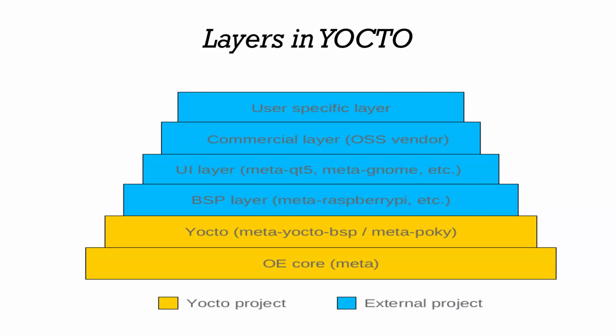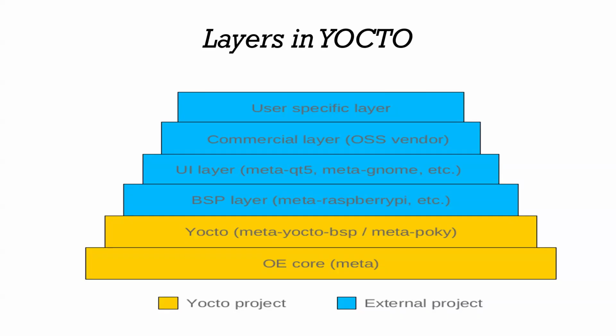Then we add the Yocto BSP layer, which by default is MetaPoky, which is a community edition. But when we do some production, we write our own, keeping MetaPoky as a reference.